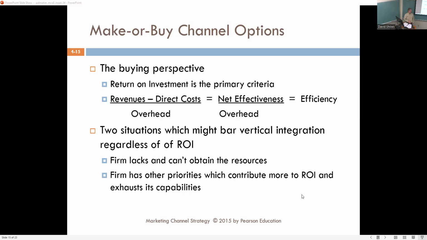If you decrease cost, your revenue can stay the same, but your net effectiveness or your return on investment increases. The return on investment is a way of cutting through the confusion of deciding what is the better thing to do. Simple. Does it increase my return on investment?